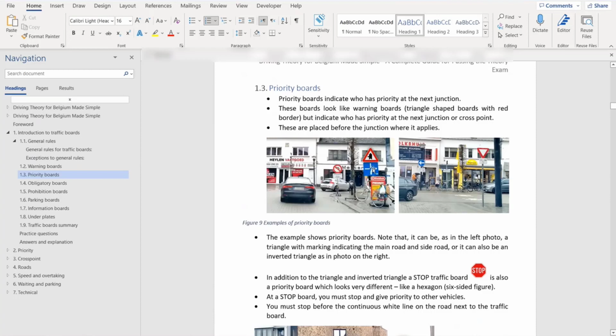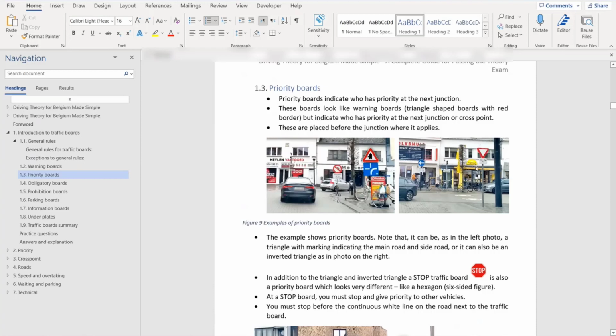So you must read this from bottom to top, which means the thick line indicates your road, the road that you are on. So it means that you are on a priority road here. The bottom blue plate gives more information, exactly the curve of the road, etc. But okay, this is a priority board at the next junction.